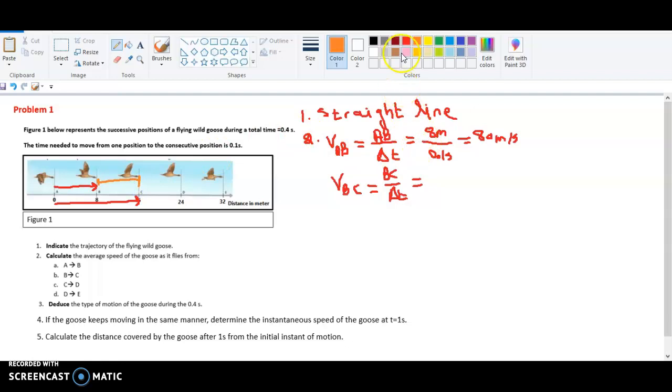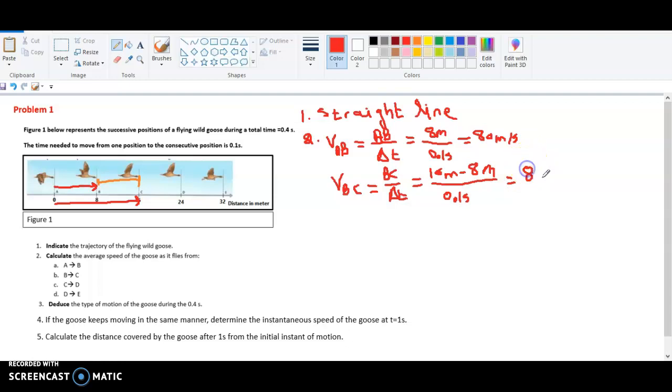So we can say here that it is 16 meters minus 8 meters over delta T, which is equal to 0.1 second, and then we will obtain the same value, which is 8 meters over 0.1.